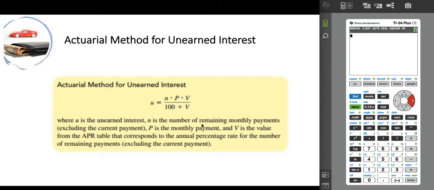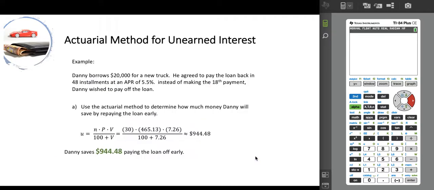That's important to remember. It's the remaining payments. P is the monthly payment. Don't confuse that with principal. V is that number we get from the APR table, and it corresponds to the annual percentage rate for the remaining payments.